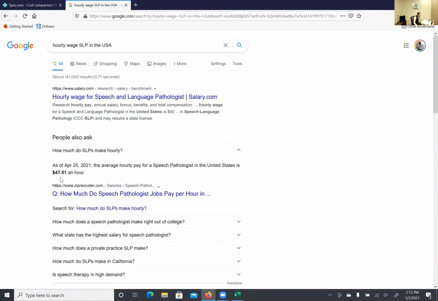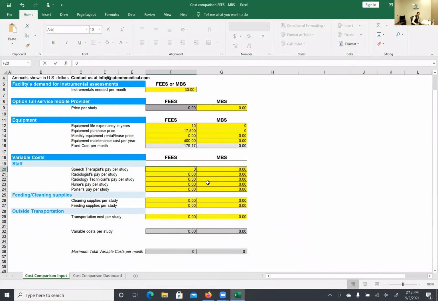Okay, so here we see $47.51 an hour on average. All right, so $47.51 is what I'm going to put in here, assuming that a FEES study will take about an hour, right? With doing the study, setting it all up, scoping the patient, and then doing the review.